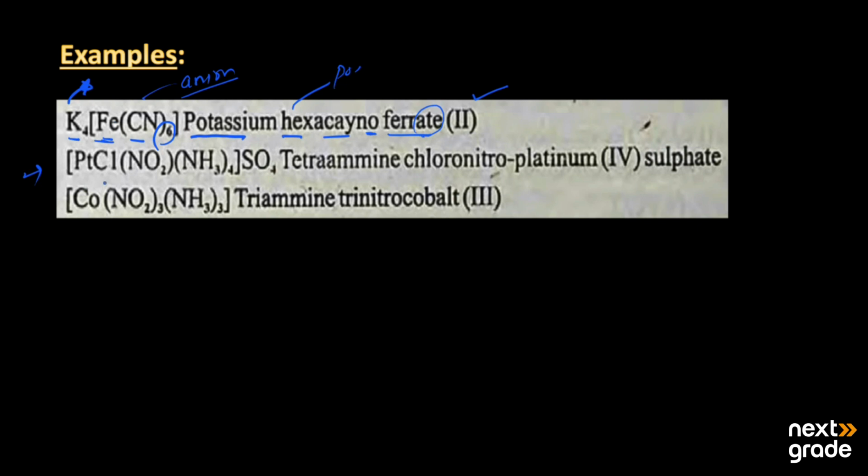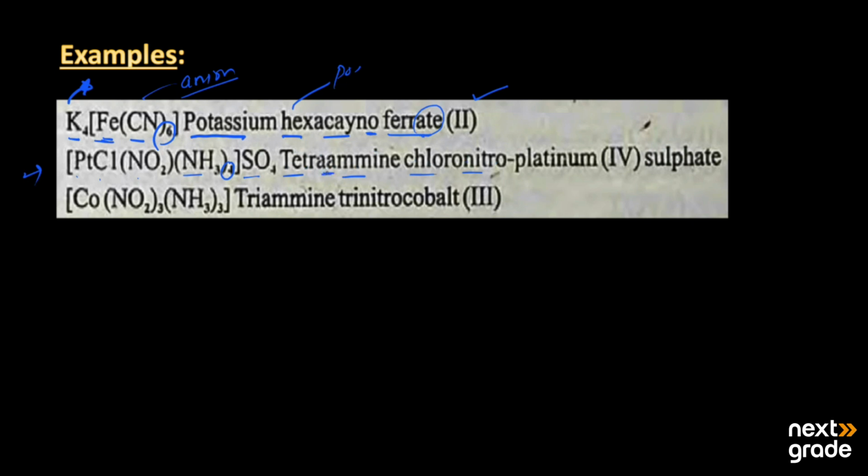For the second example, we have platinum, chlorine, nitro dioxide, and ammonia and sulfate. How do we name it? First, we name the ligand, which is tetraammine. Tetra means the 4 ammine groups are attached. Chloro, nitro. Why do we name it tetraammine chloro nitro?